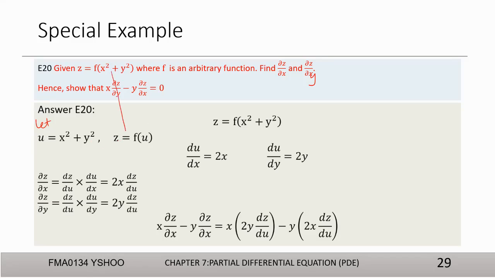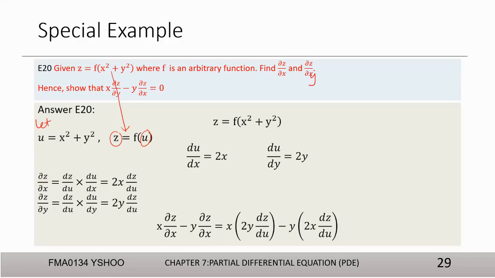So now z becomes z equals f of u. Then by our chain rule, del z over del x is dz du multiplied by du dx, and it is no more del, it becomes d, because when there is only one variable you use d. If you have two variables, you use del.